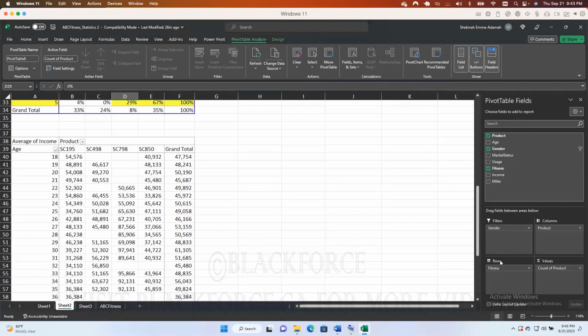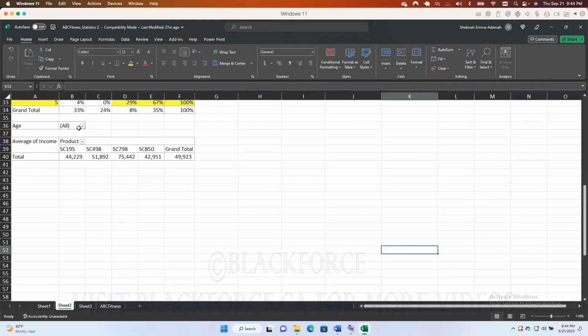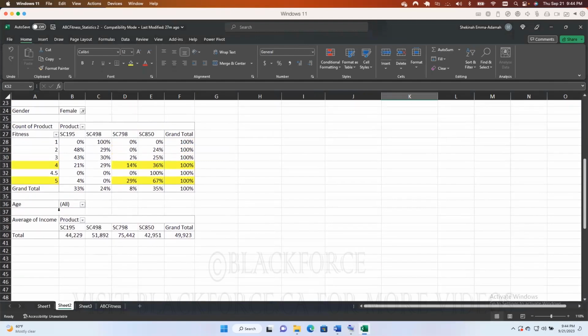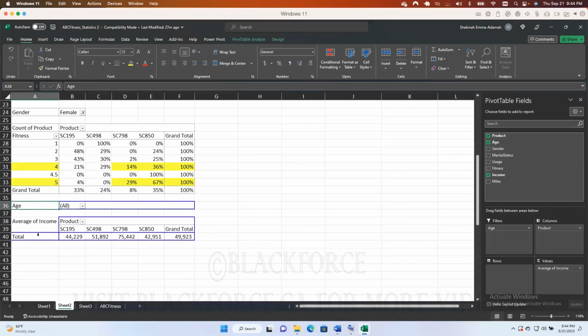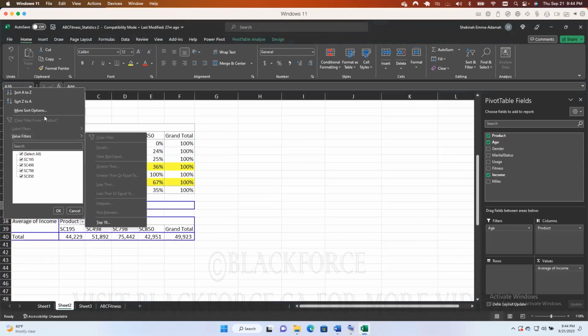Let's move age to filters. I know there are two ways to do it. One is like doing it within the data, but you're supposed to be able to do it in the pivot chart. I've forgotten for some reason.